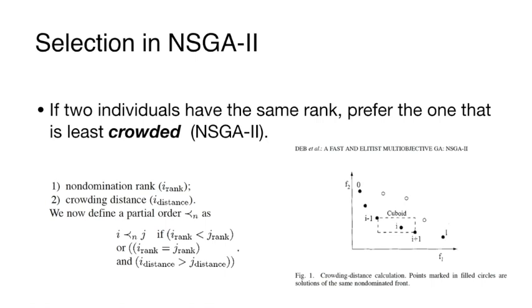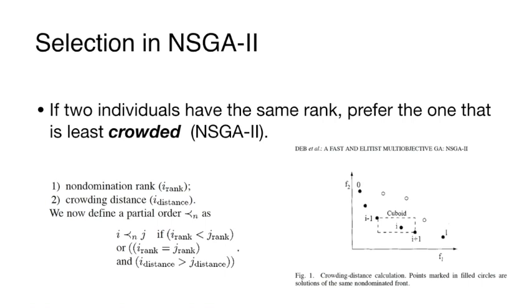So let us consider this solution I. The endpoints of this rectangle or cuboid actually reflect the two nearest solutions to I. Now, you can imagine, the bigger this rectangle is, the more distance there is between I and its two nearest neighbors. And if a certain solution I is further away from its nearest neighbors, it means it is quite different to its neighbors. And that is what this crowding distance is meant to show.